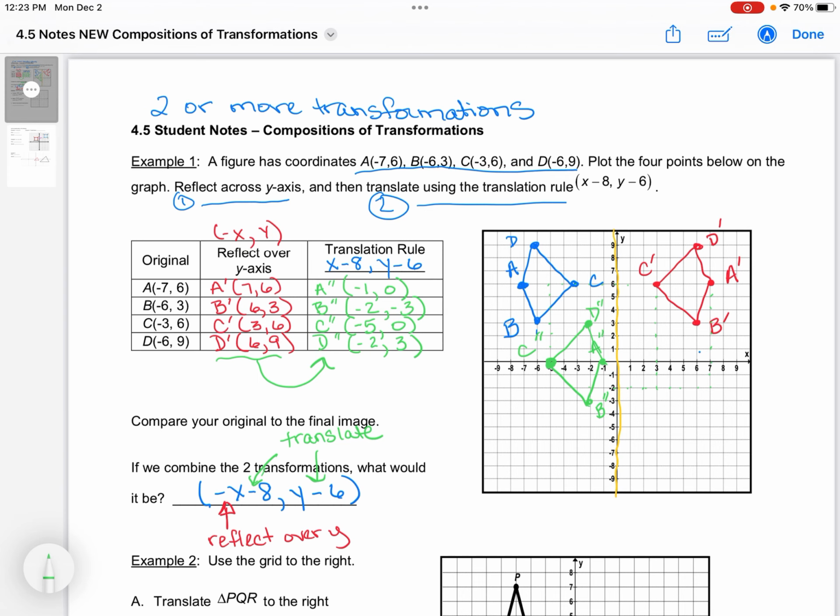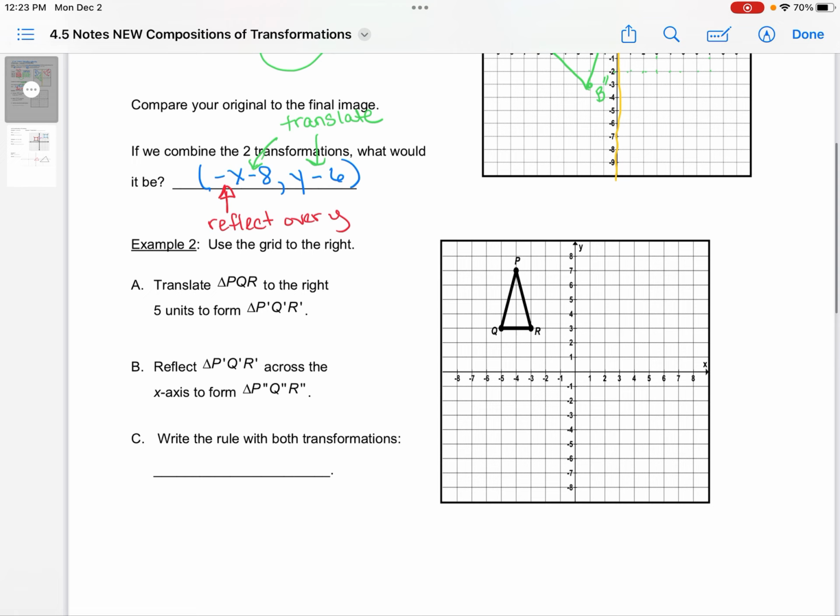And pretty much we always translate last. So when you're looking at these, think about translating last, unless it tells you something different.